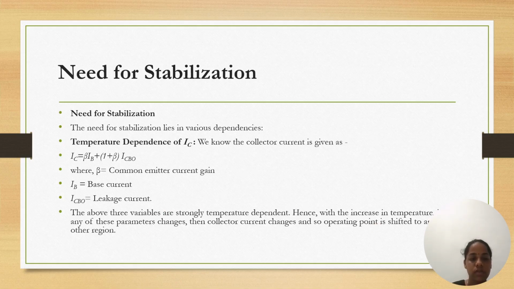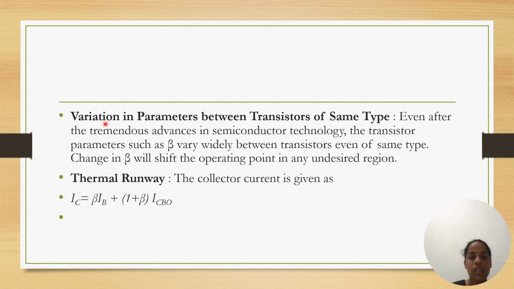Next, variation in parameters between transistors. Even after the advances in semiconductor technology, transistor parameters such as beta vary widely between transistors even of the same type. A change in beta will shift the operating point into an undesired region.